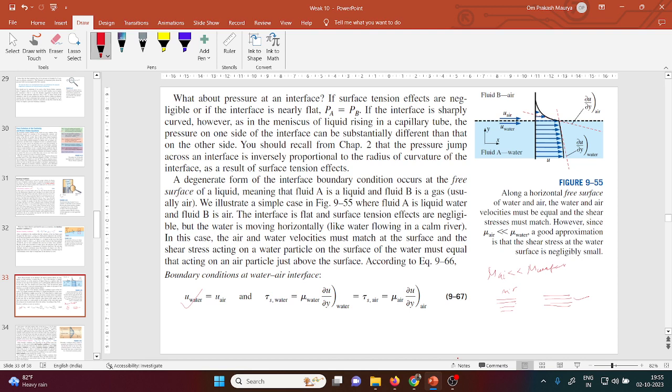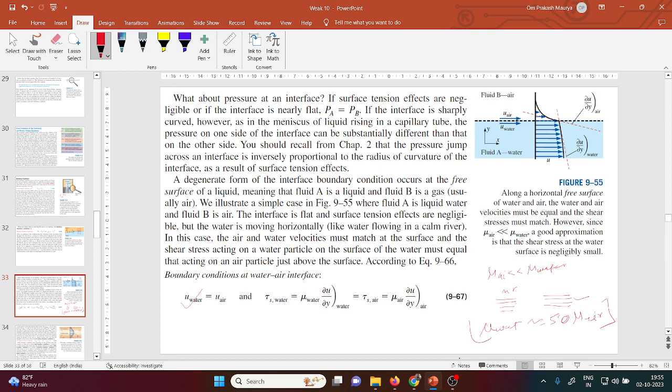One very important thing, if we see in the previous classes, is that the viscosity of water is almost equal to 50 times that of air.